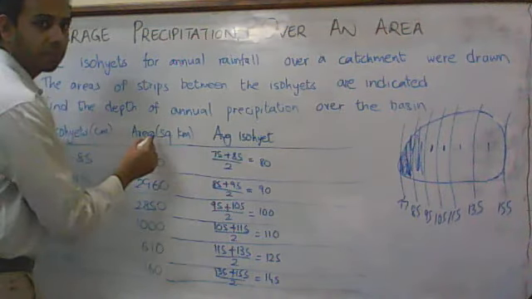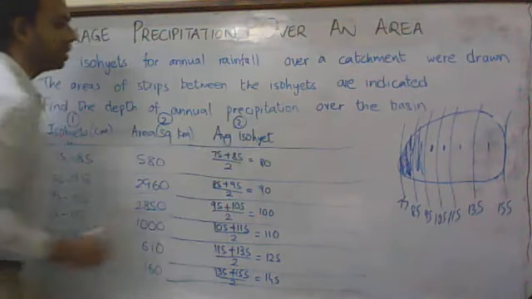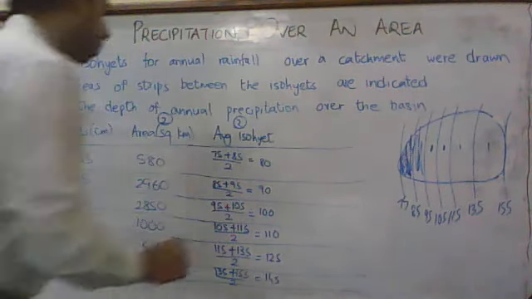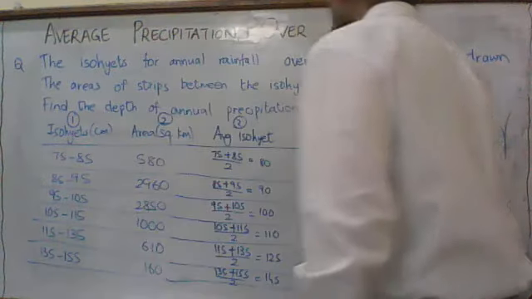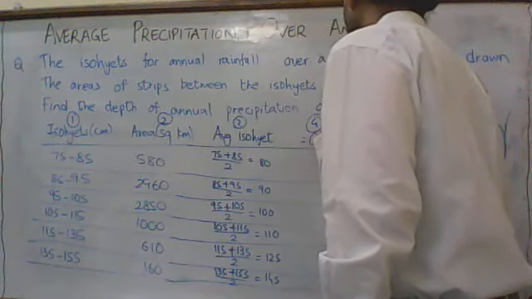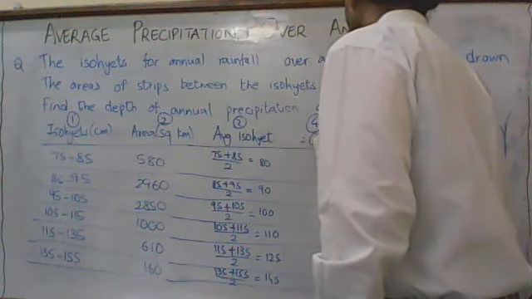So suppose this is column number 1, this is column number 2, this is column number 3. This column number 4 will be equal to column 2 multiplied by column 3. So simply this multiplied by this.